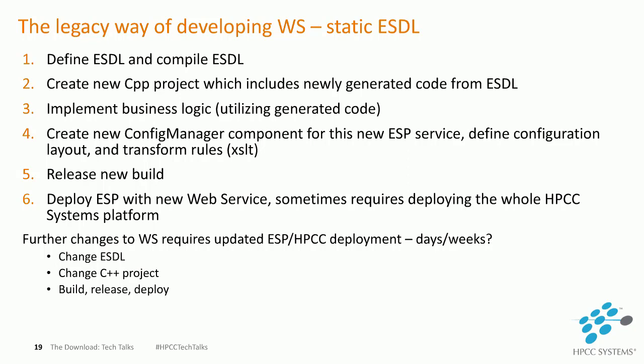Then step 4, you create a config manager component for this new ESP service. You define the configuration layout and transform XSLT. Then you release a new build, and then you deploy ESP with the web service. And it sometimes requires deploying the whole HPCC systems platform.